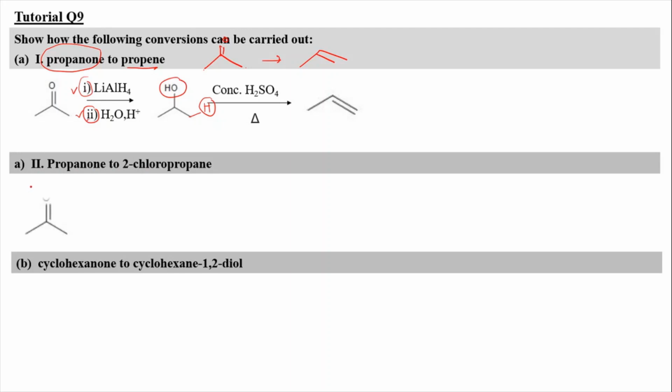Now for A2, the same structure, which is propanone. Okay, and now I'm going to make 2-chloropropane. Okay, so what I can do from here is that I can do my reduction again because alcohol is a very versatile reaction.